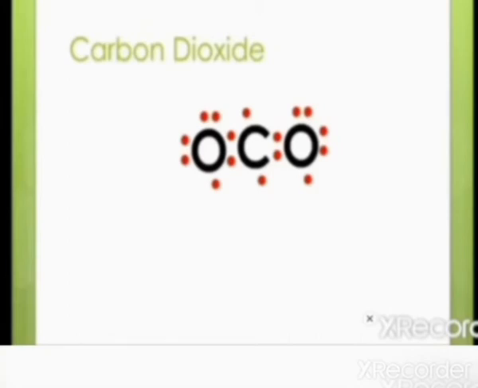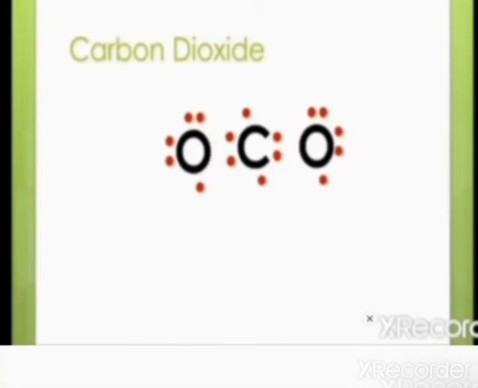As you can see in the picture, attaching the second oxygen leaves both oxygens short of 1 electron and carbon short of 2 electrons. The only solution is to share more electrons, so carbon dioxide makes double bonds.